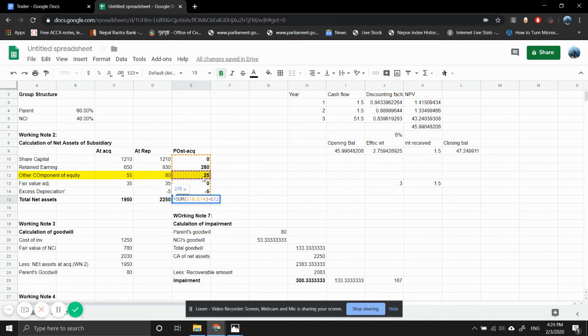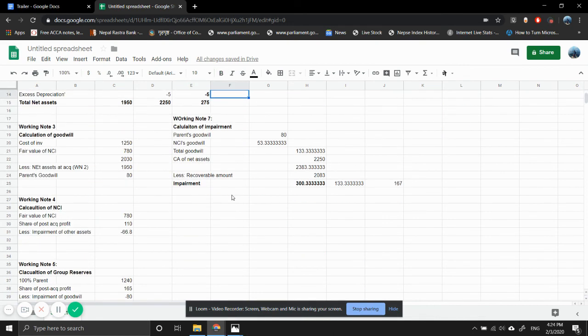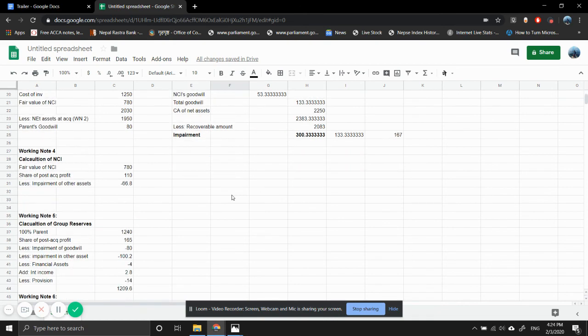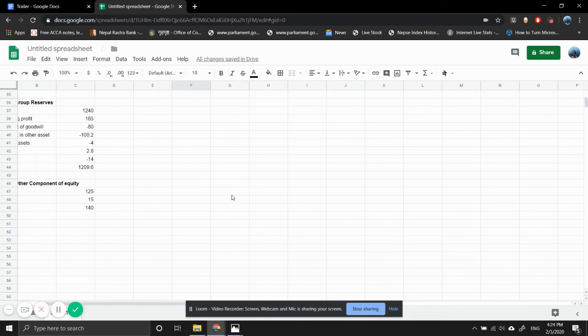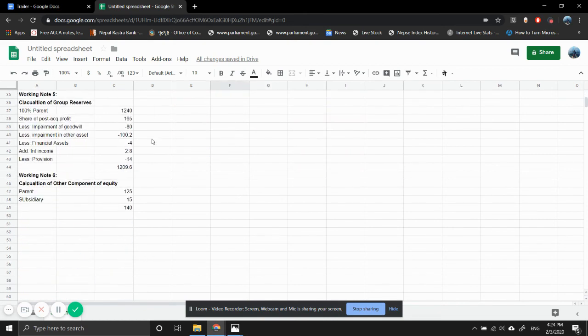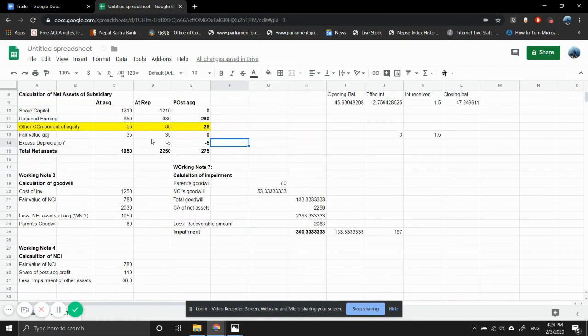Okay, not the other component of equity, because if we do that, that will also be allocated towards the other party, so we don't want to mess it up. Okay, that's why. After that's done, I think we are good.